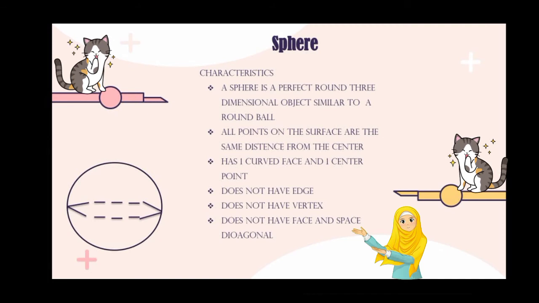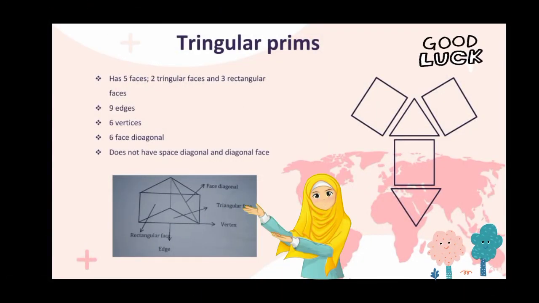The ball also does not have edges, vertices, and space diagonals. Next is the triangular prism, which has 9 edges, 6 vertices, and 5 faces, consisting of 2 triangles and 3 rectangles, but the triangular prism does not have space diagonals.